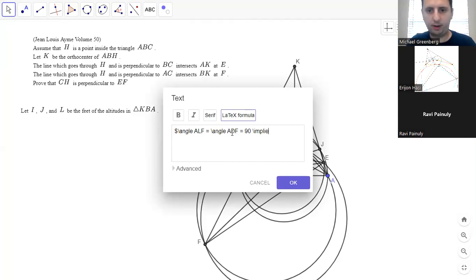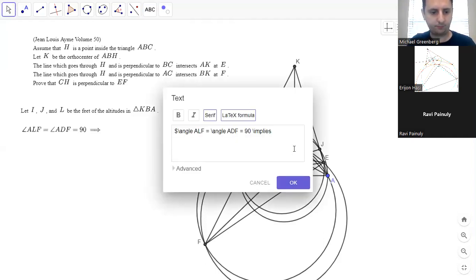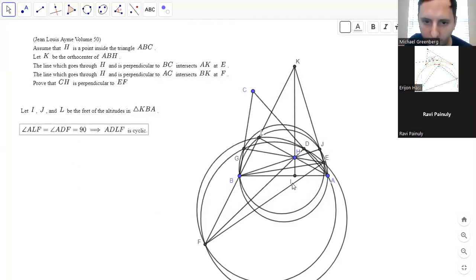So that means that ADLF is cyclic. And then similarly, BGJE is cyclic.